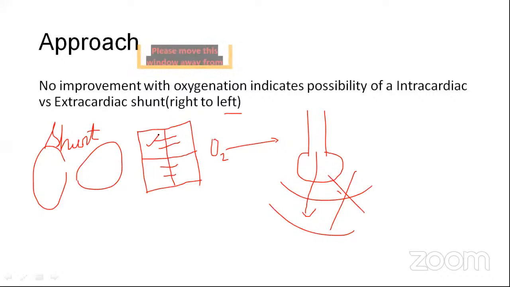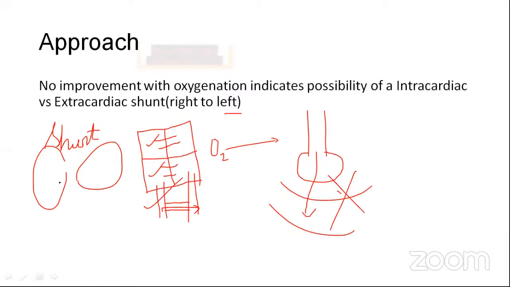It can be at the level of the atrium, it can be at the level of the ventricle, or we have the pulmonary artery that comes out and the aorta that comes out here, and there is a common communication, which is the ductus arteriosus. So if there is Eisenmengerization or increase in the pulmonary pressures on the right side of the heart, then we can also have a phenomenon like this, wherein pulmonary artery to the aorta. So this is at the level of the heart.